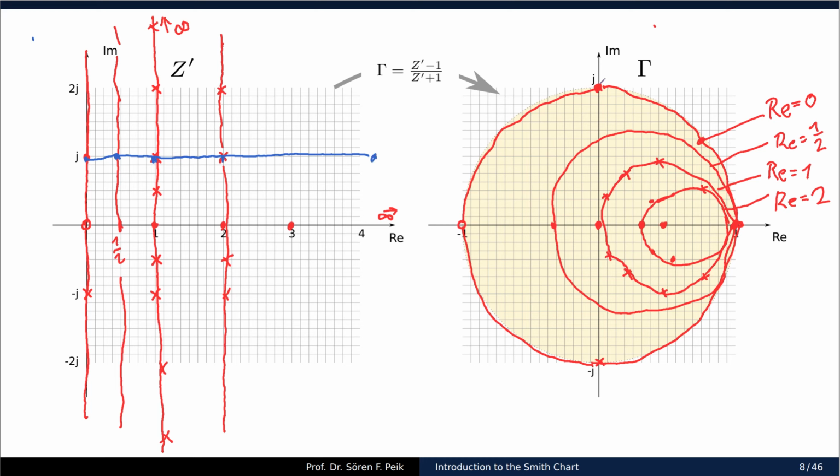Actually, that is this point, this point, this point, and this point. And when I connect these points, since it's not a complete line, it's only a section of a line, this line gets to this section of a circle. So this is my line for my imaginary part equals 1.